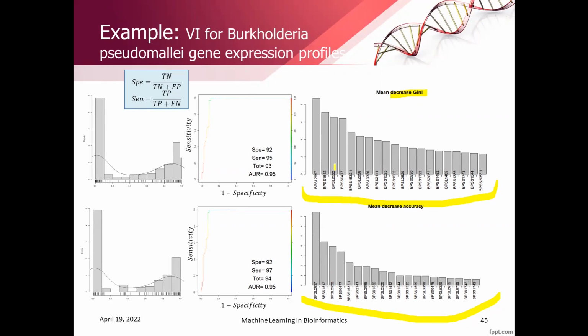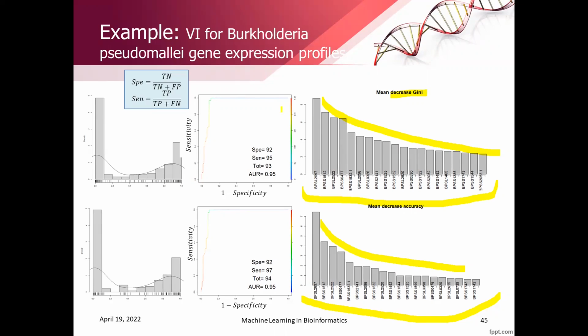We can notice that the heights, so the values for the mean decrease of Gini and mean decrease of accuracy, the relative decreases, are different. But the overall shape of the curve is very similar. And on the left here, there is the ROC curve.